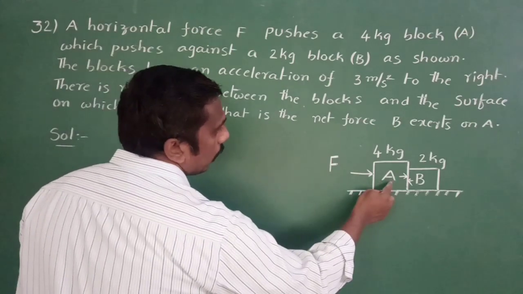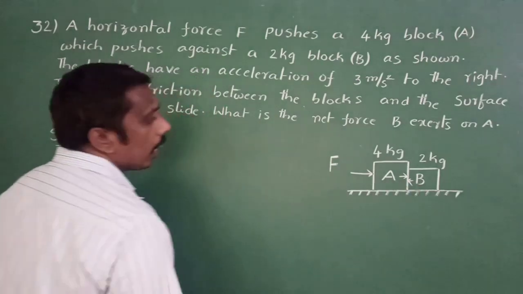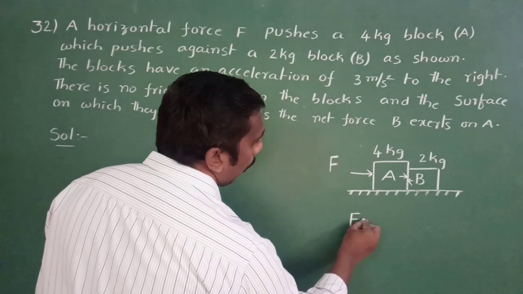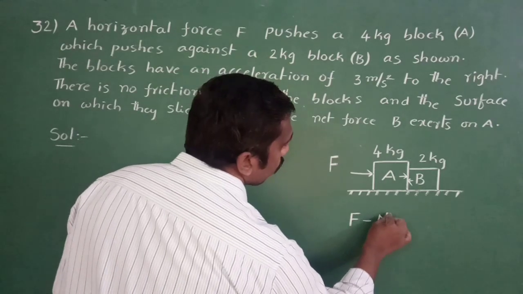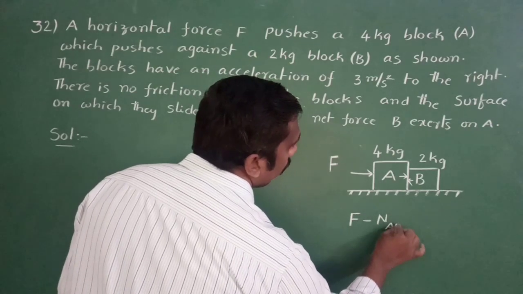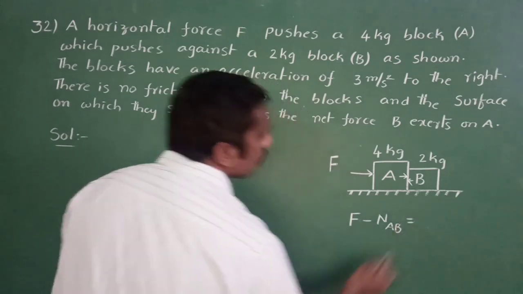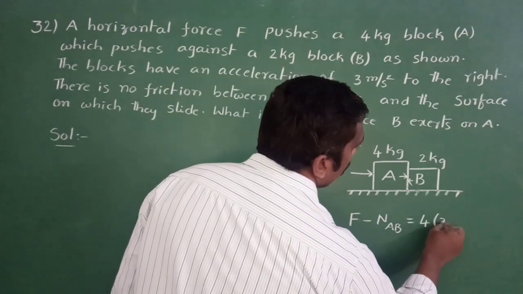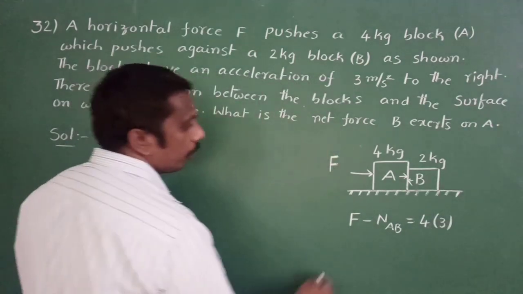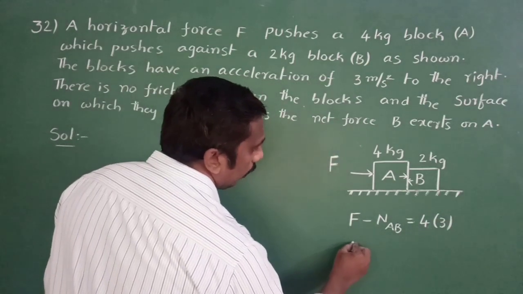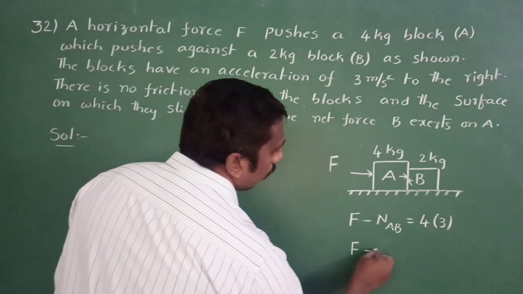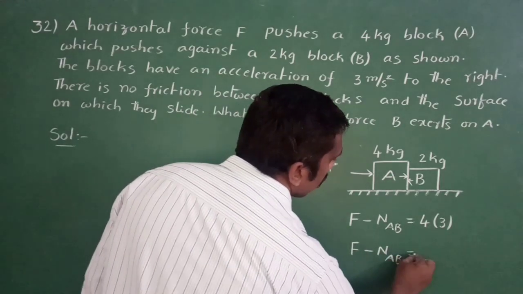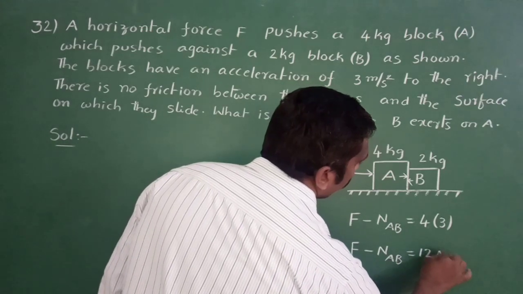F is towards the right and the reaction force towards the left. So we can write F minus the reaction force between A and B is equal to the net force, mass into acceleration, 4 into 3. From this, F minus the reaction between A and B is equal to 4 threes are 12 Newton.